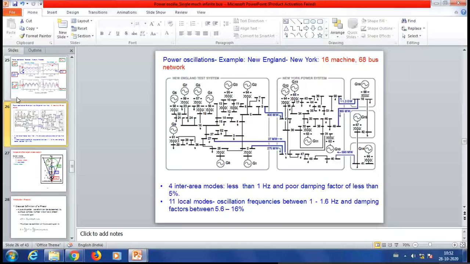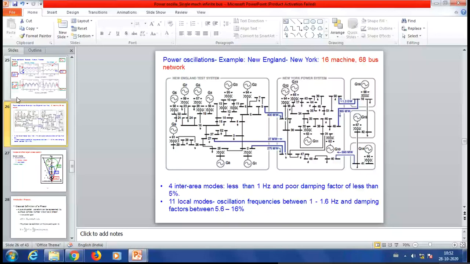But we are never able to load the line up to the thermal capability, because we are limited by the stability limit. So the loading of the line is even lesser than the stability limit. In this case the stability limit was 2200 megawatt, but the thermal capability limit could be 3000 megawatt or 3500 megawatt.